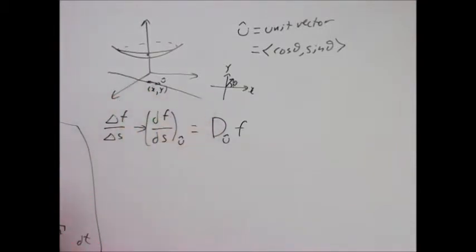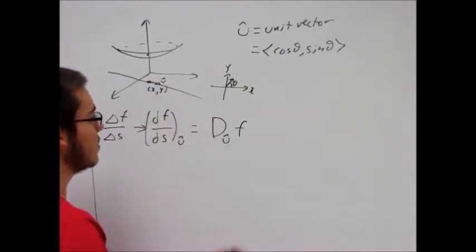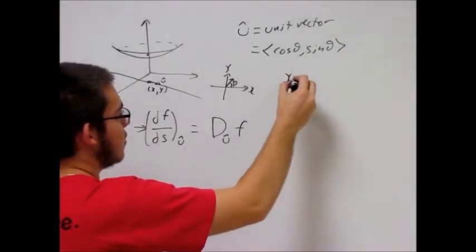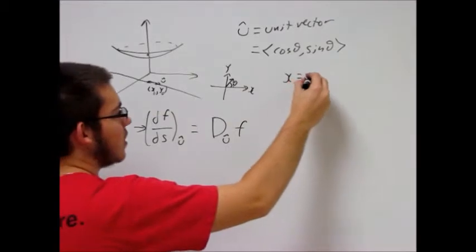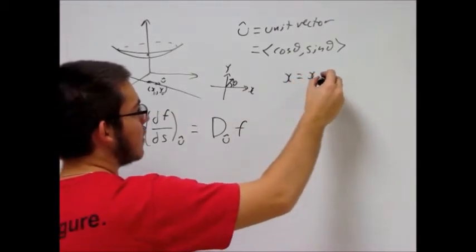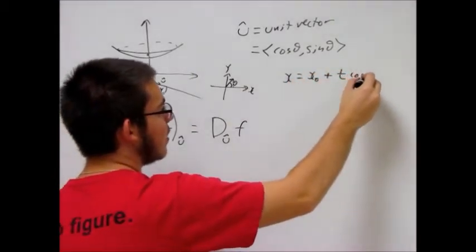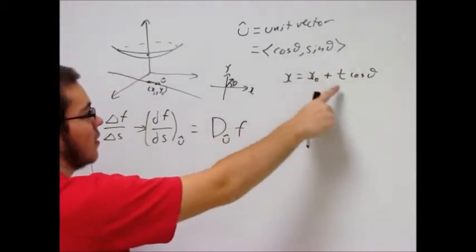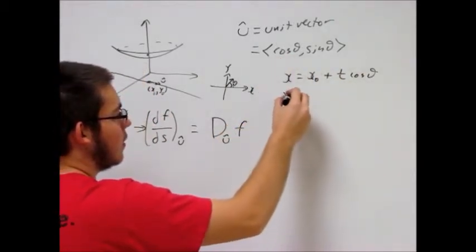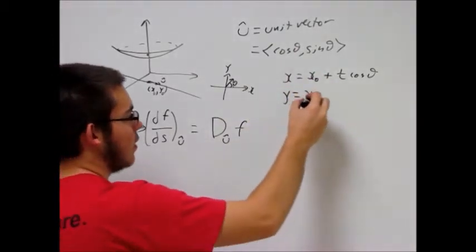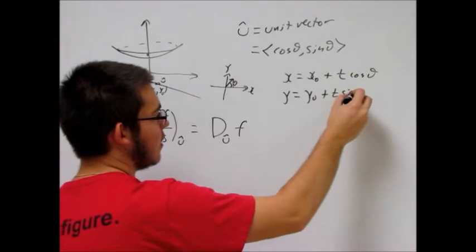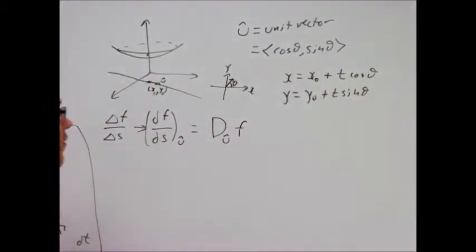Well, we know how to describe this line in terms of parametric equations we talked about earlier. So we can say x equals x naught plus t cosine theta, the x component of the vector in the direction of the line, and y equals y naught plus t sine theta. That's what it would be for y. And so now we want to find ds.